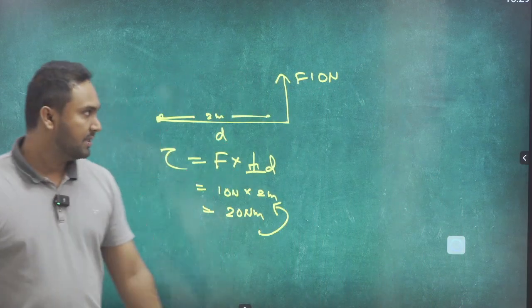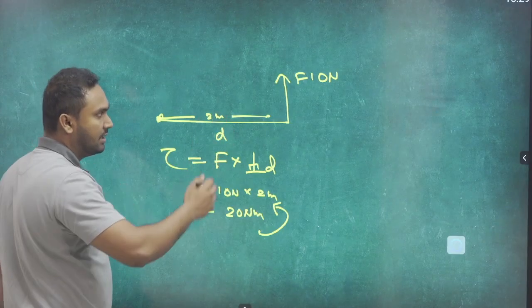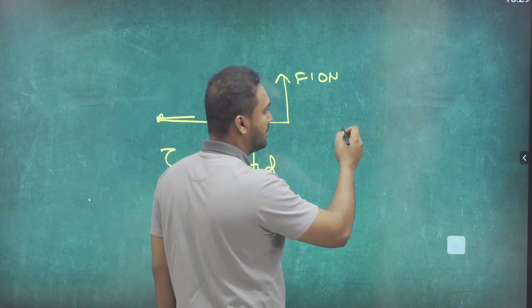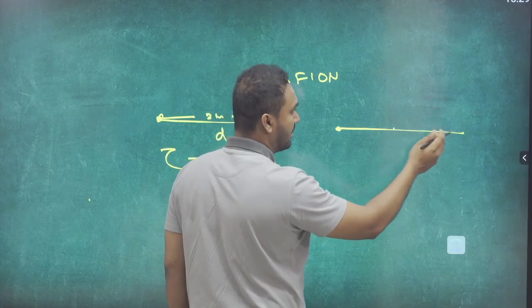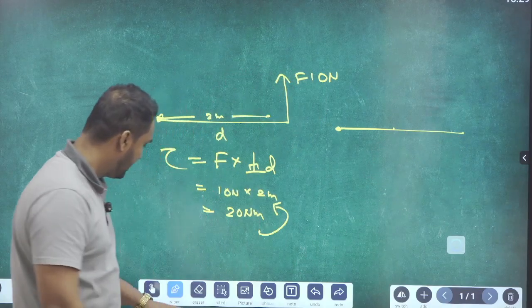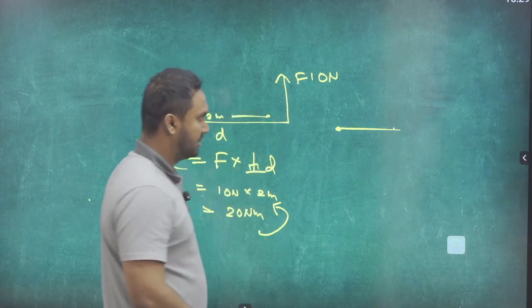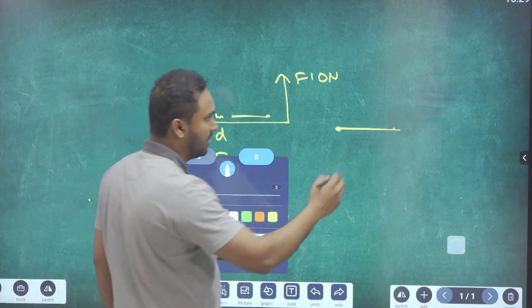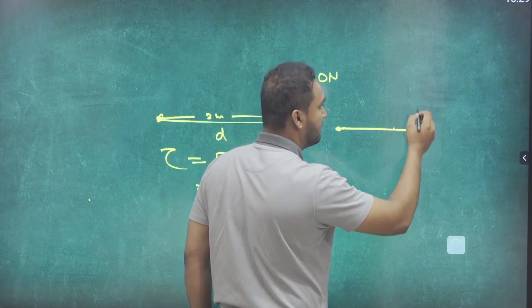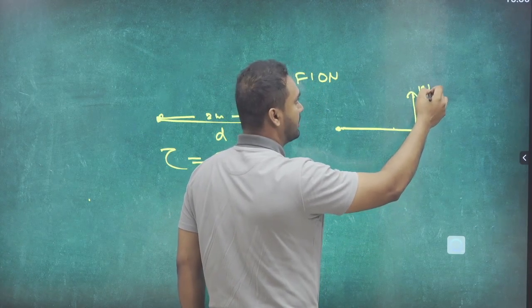And now what happens if I apply the same force at halfway of the previous distance, like 1 meter? Let's say the length here now is 1 meter from the pivot point, right? It's halfway. So the force is acting somewhere here, but the same value, 10 newtons, right?